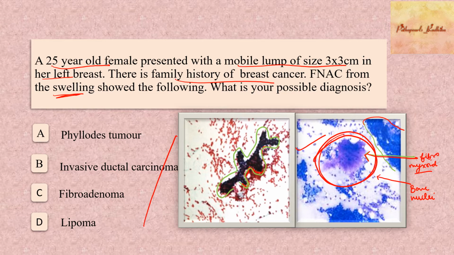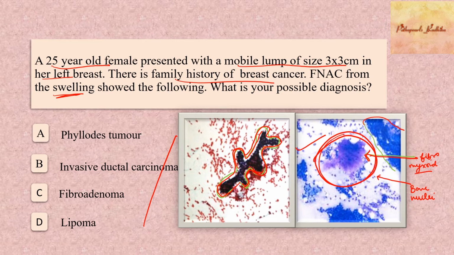Sometimes it can be more myxoid as well, right? So here you have a cohesive fragment. Does this resemble anything? So you have a cohesive pattern of cells with myoepithelial cells at the periphery, the dark staining cells, and you have a fibromyxoid fragment and bare nuclei.